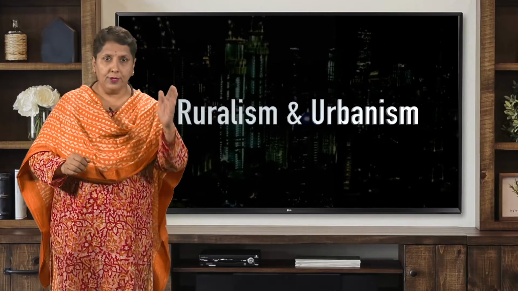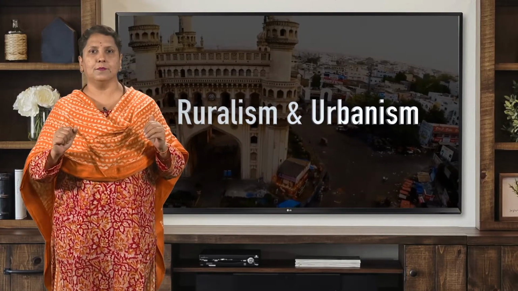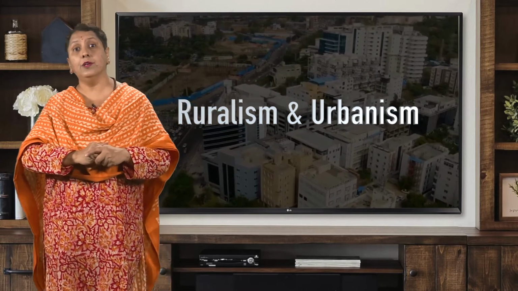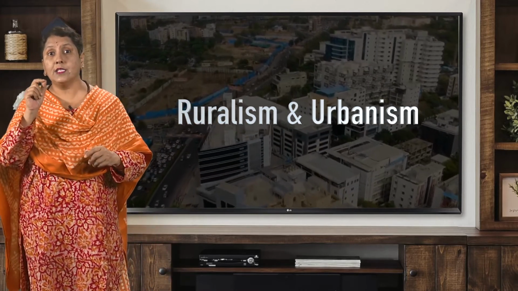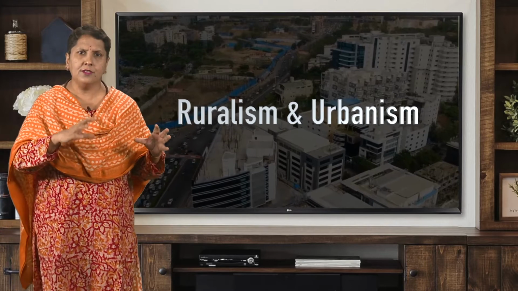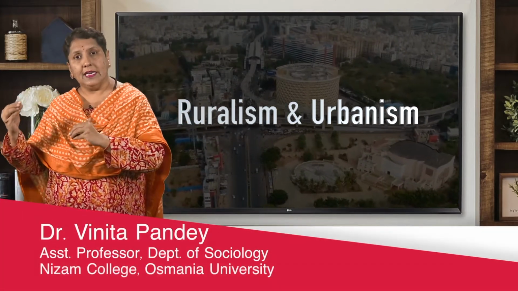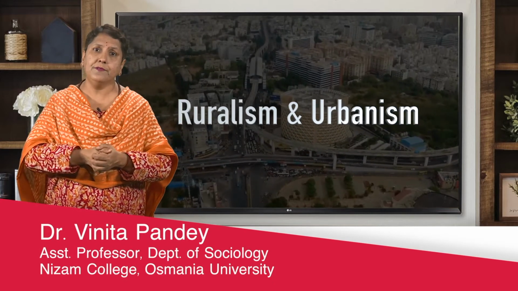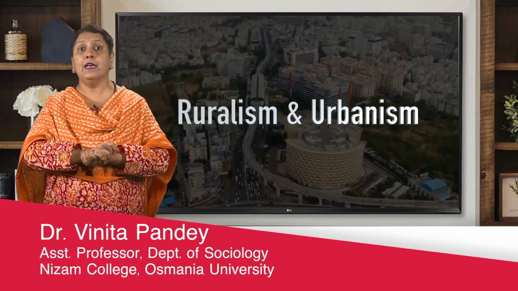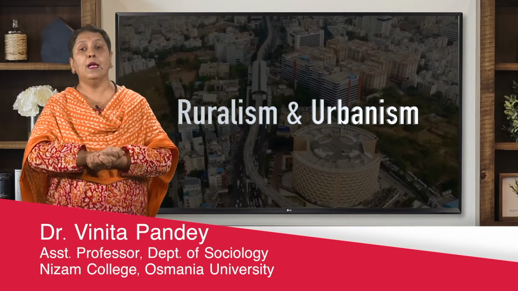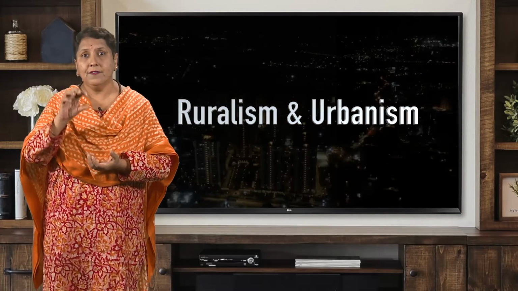From the analytical point of view, the characteristics of these two modes of living are represented by two concepts. What are they? Ruralism and urbanism. Ruralism signifies the rural mode of living in which there is predominance of traditions, customs, folk culture and joint family. On the other hand, urbanism signifies the urban mode of living in which there is predominance of impersonal relations, individualism and secondary associations.